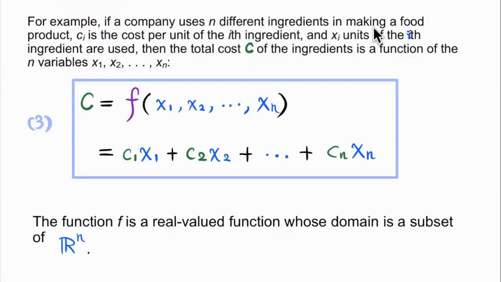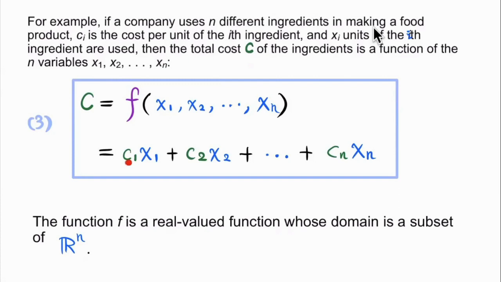Let's try to relate this to an example in real life. For example, you're going to make a food product. The cost of making that food product depends on the cost of each ingredient in that product. Say you have n different ingredients in the product, and each ingredient has a different price.